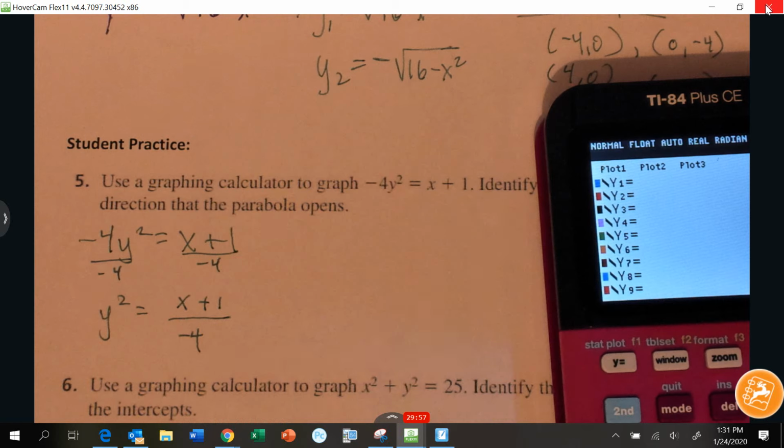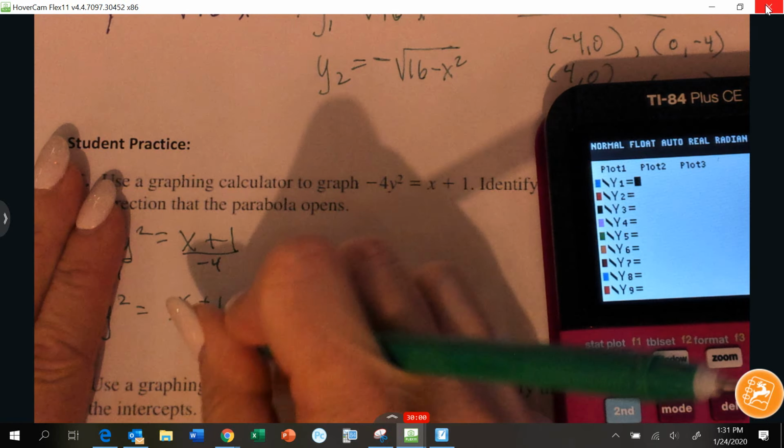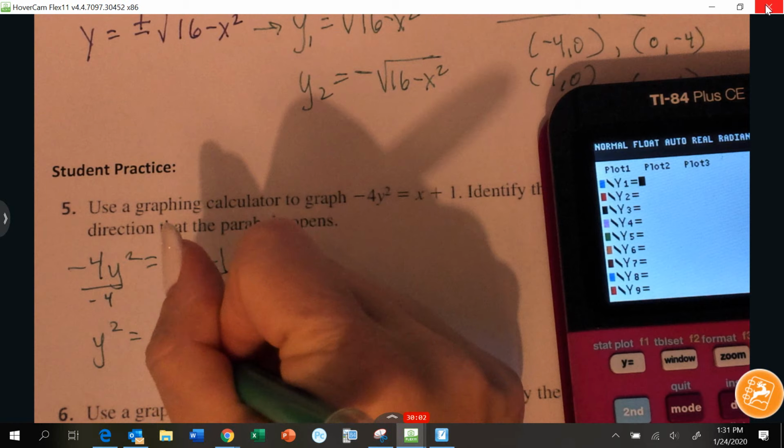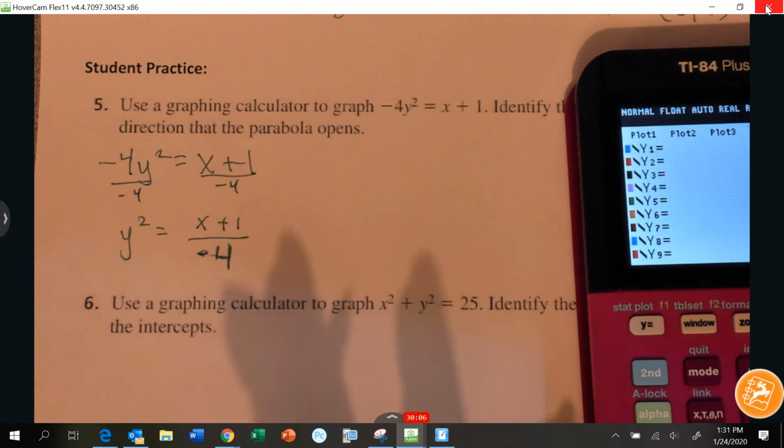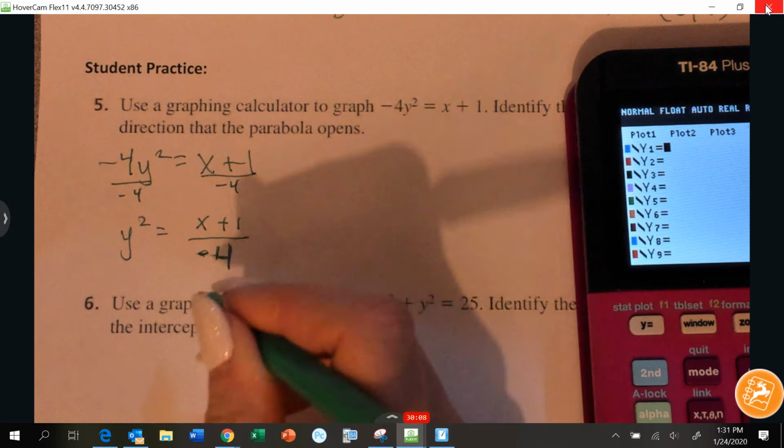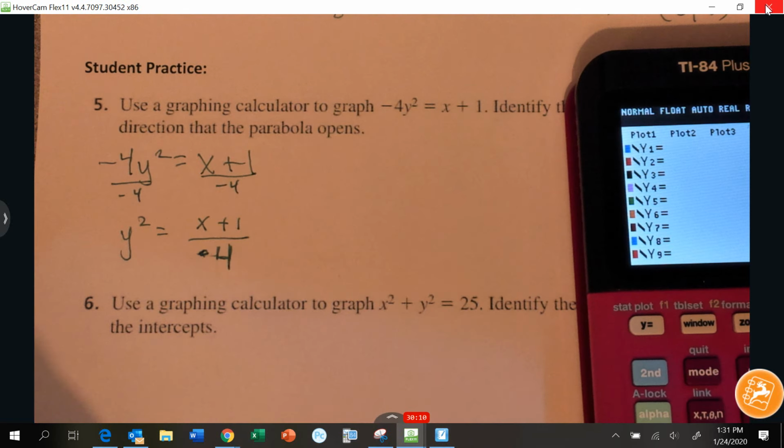As soon as I divide by negative 4, if you are following simplify rules, something should bother you, because we have a negative in the denominator, and I know I'm not allowed to leave it there. But when you're graphing it, it doesn't matter. If the directions were to simplify, it would matter.